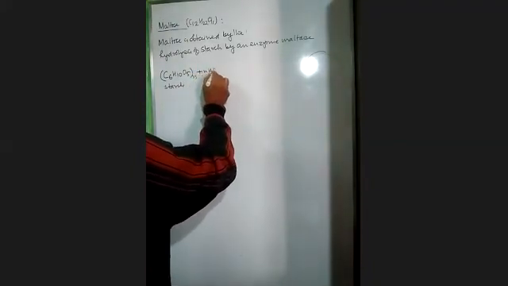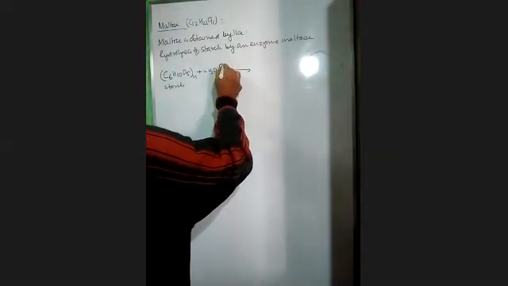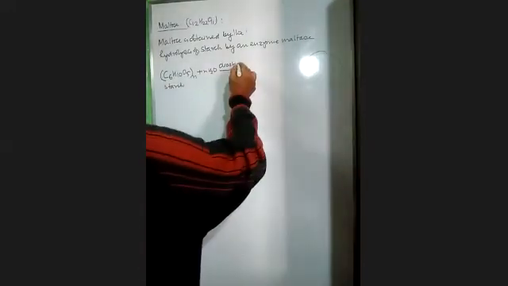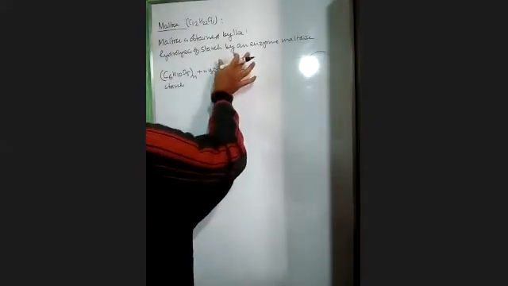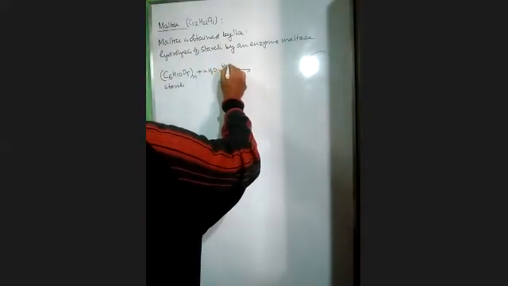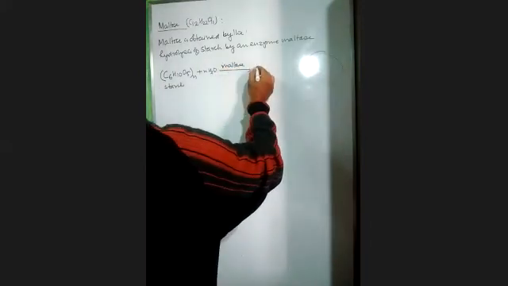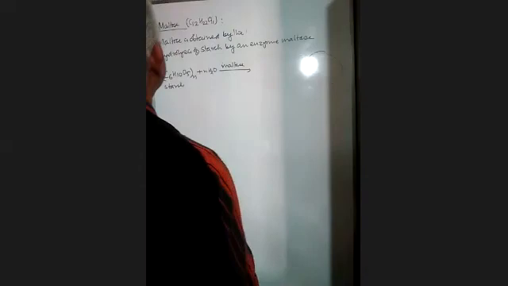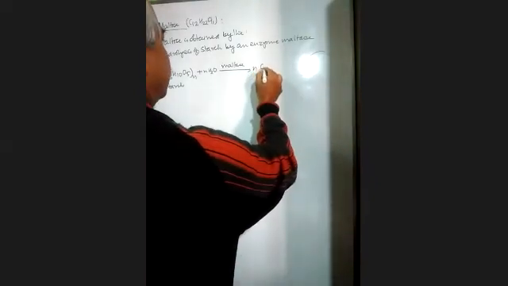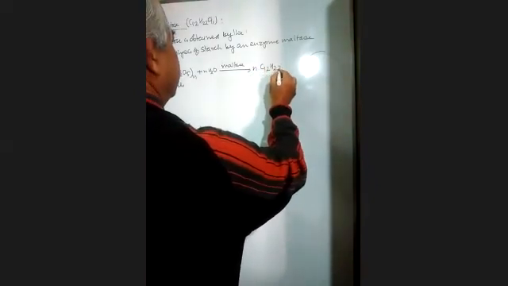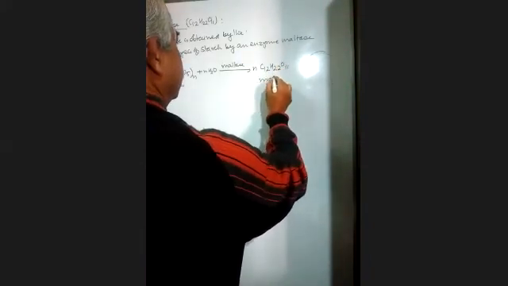This starch, when you do the hydrolysis in presence of an enzyme called diastase, all right, then you get C12H22O11. This is called maltose.